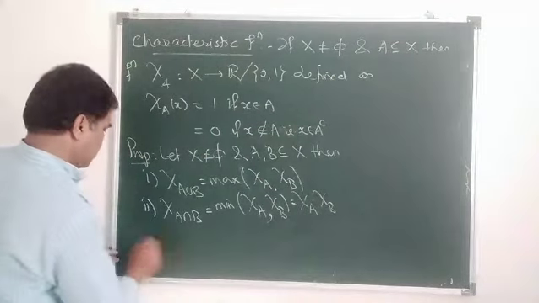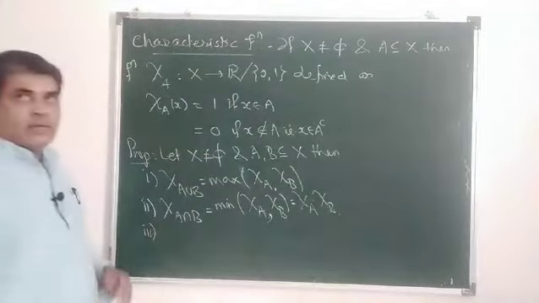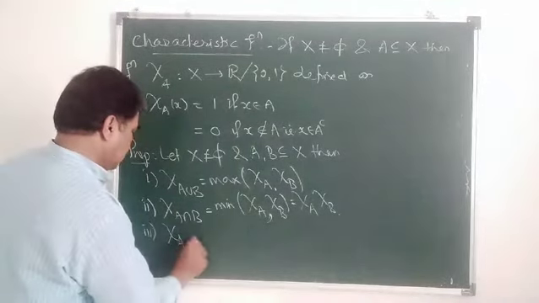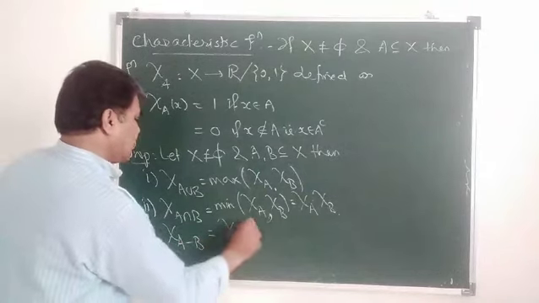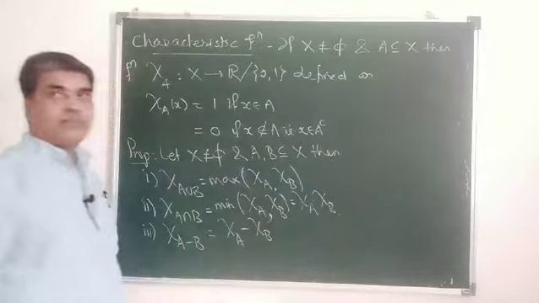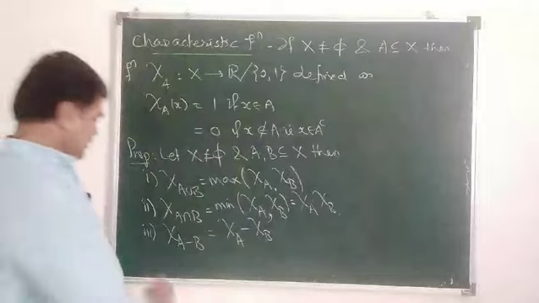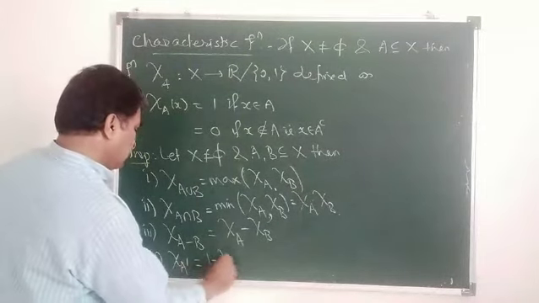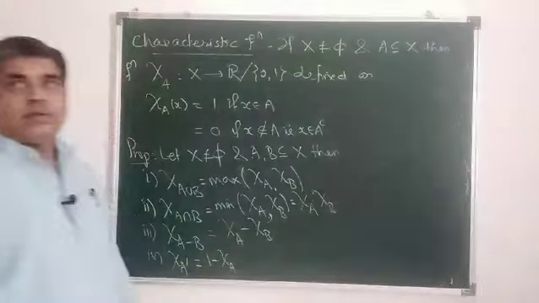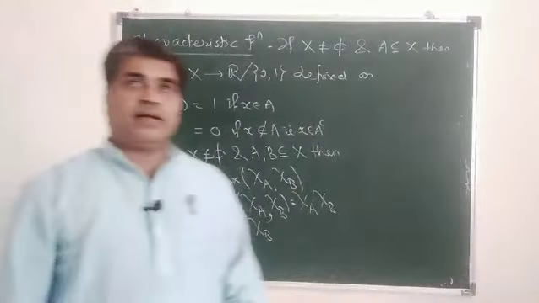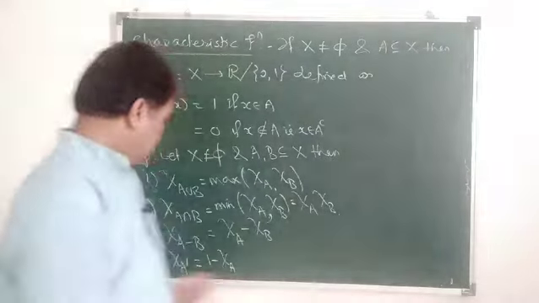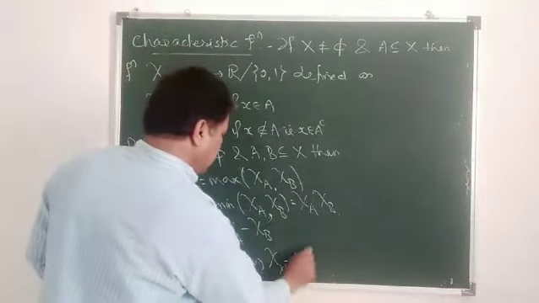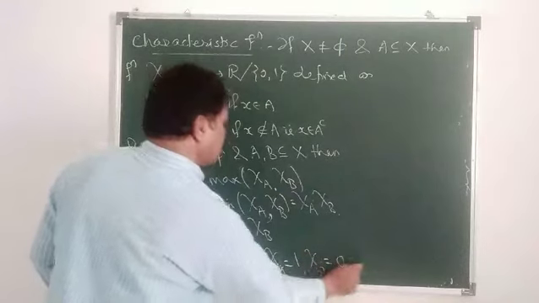Third, psi A minus B is nothing but psi A minus psi B. Psi A complement is equal to 1 minus psi A, and psi phi: psi X is one constant function and psi phi is the constant function 0.